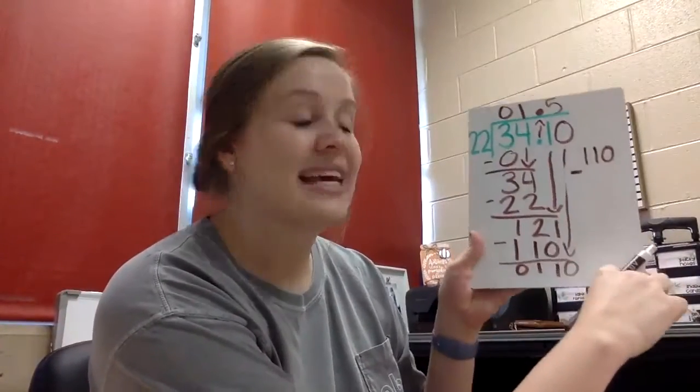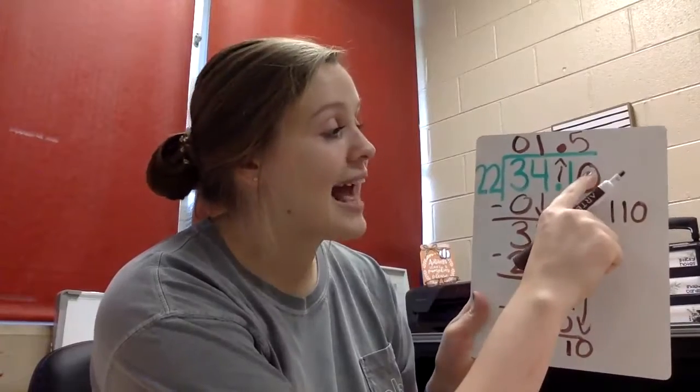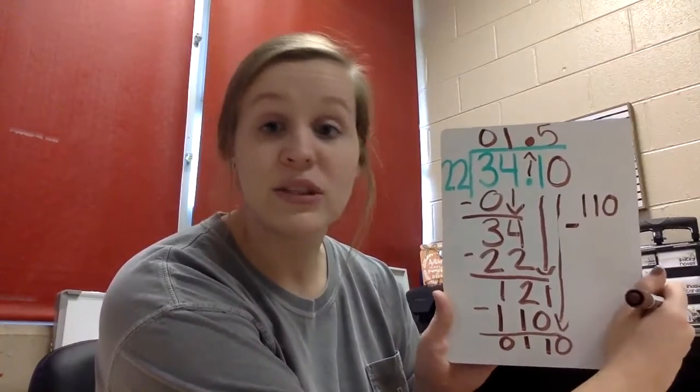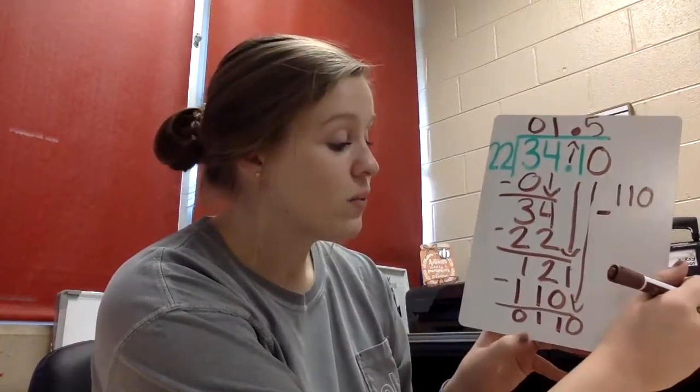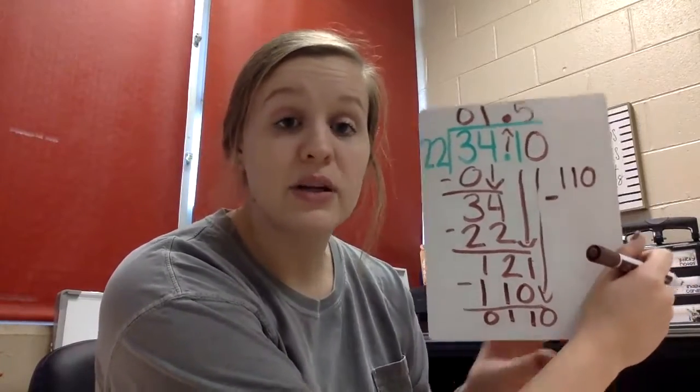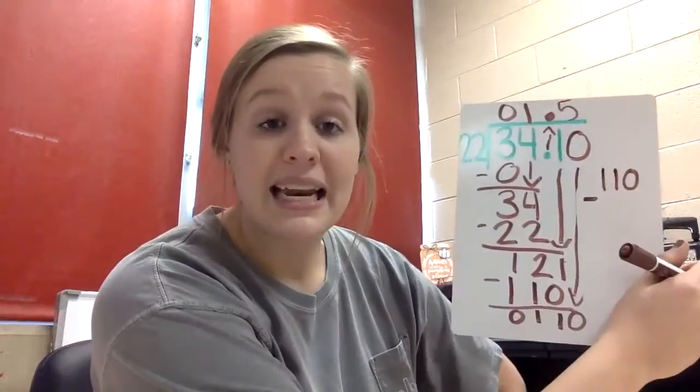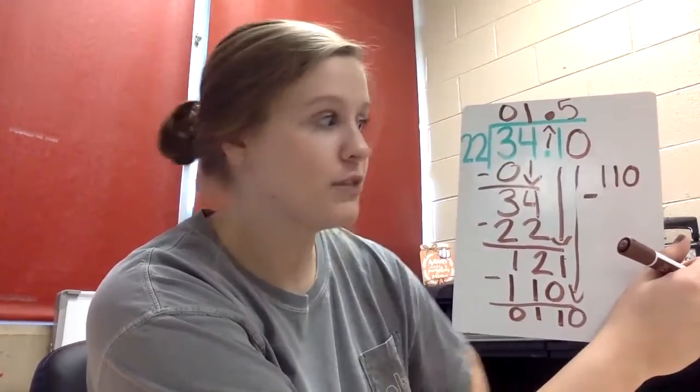So like I was saying, I just moved that 110 right over here so that we can keep subtracting. We put that extra 0 here because adding zeros to the end of a number behind our decimal does not change the value, so that we can end up with a remainder of 0. Because remember, if we have a decimal in our dividend and in our quotient, we cannot have a remainder.